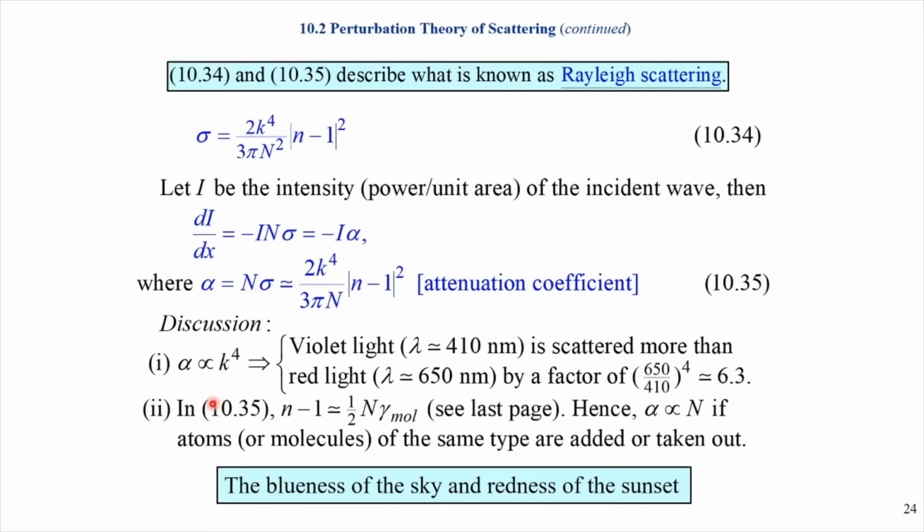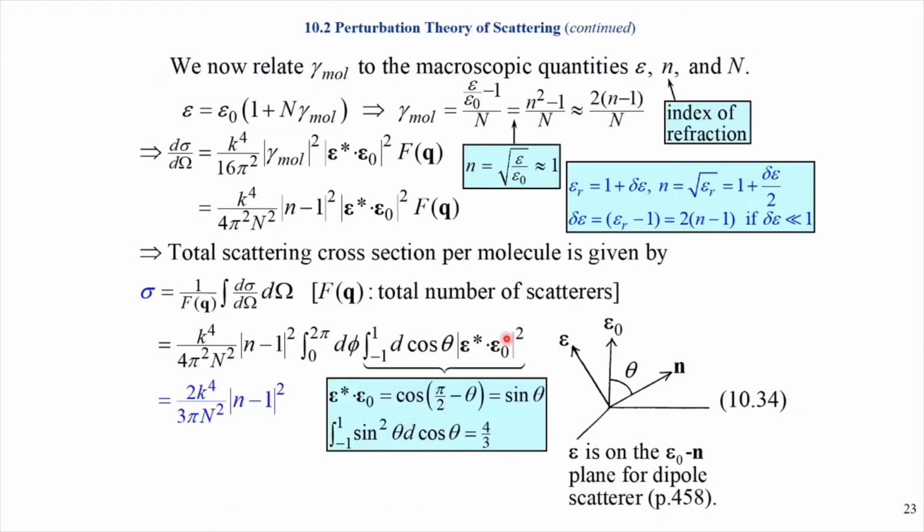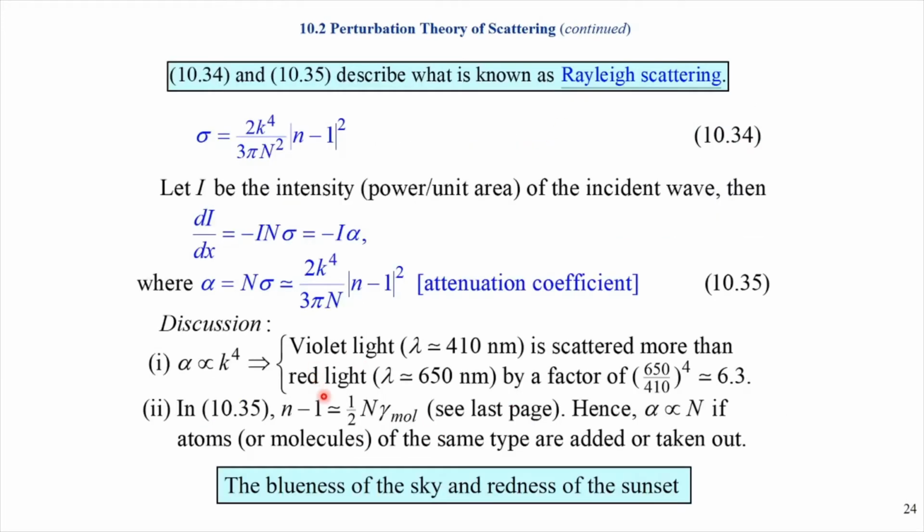And in 10.35, we have another one: n minus 1 equals 1 over 2 n gamma mol. If you are not sure, go back here. Okay, n minus 1 equals gamma mol times n divided by 2, right?